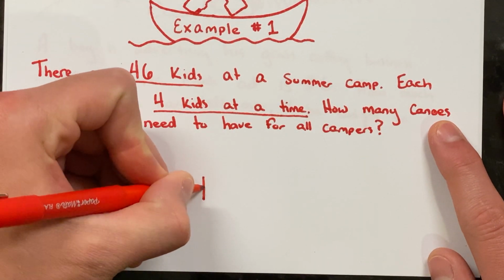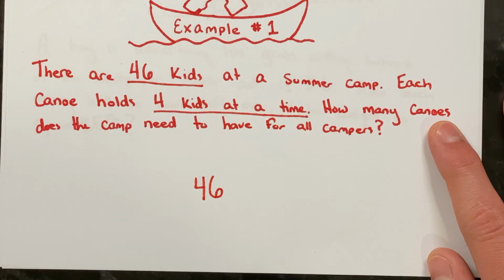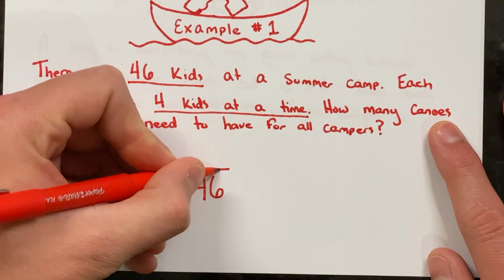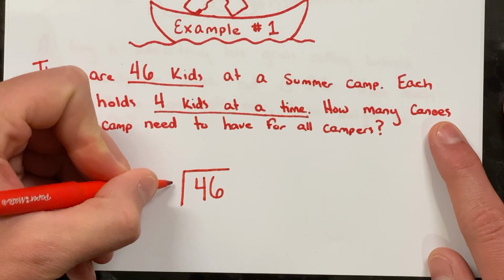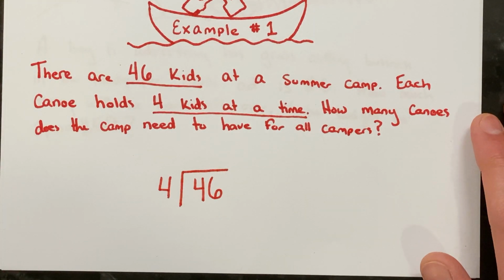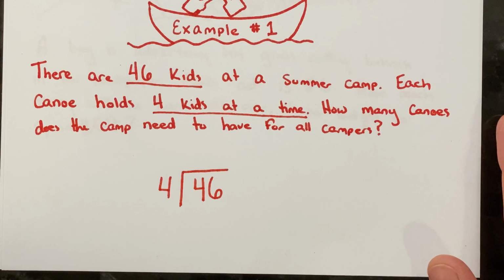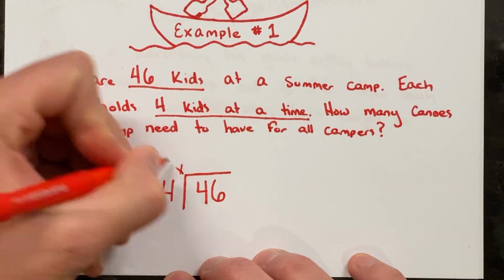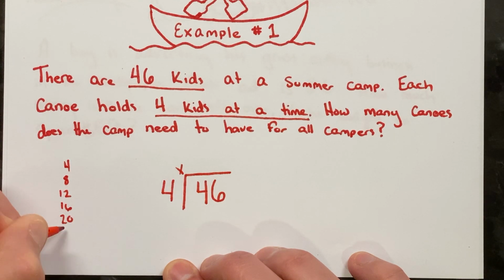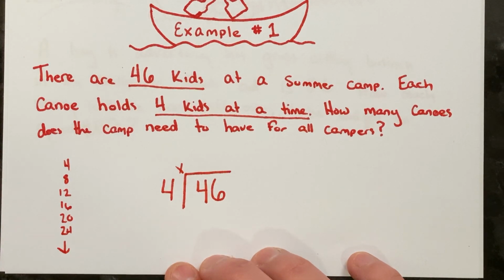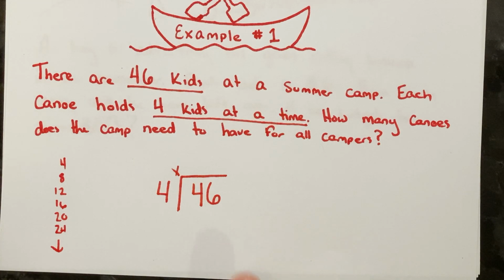Well, 46 kids total. My dividend, my total, to be split up into canoes that can each fit 4 kiddos. Let's take a look. My jobs of 4: 4, 8, 12, 16, 20, 24, and so on and so forth.